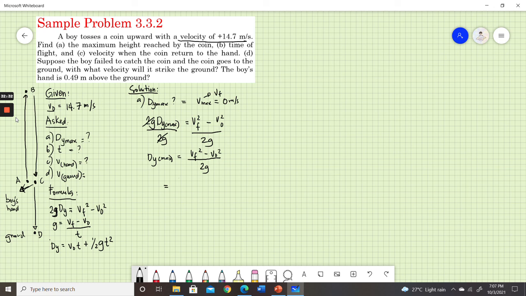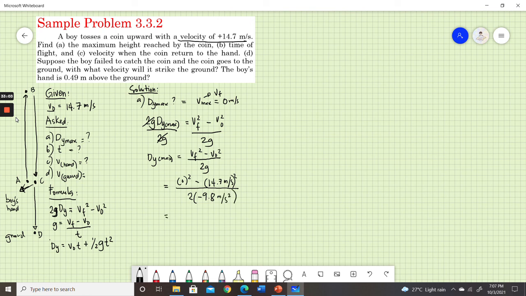And that gives us 0 squared. We know again this is 0 because this is the maximum height, and at the maximum height the velocity is 0, minus 14.7 meters per second squared, and then we just have to divide it by 2 multiplied by negative 9.8 meters per second squared.